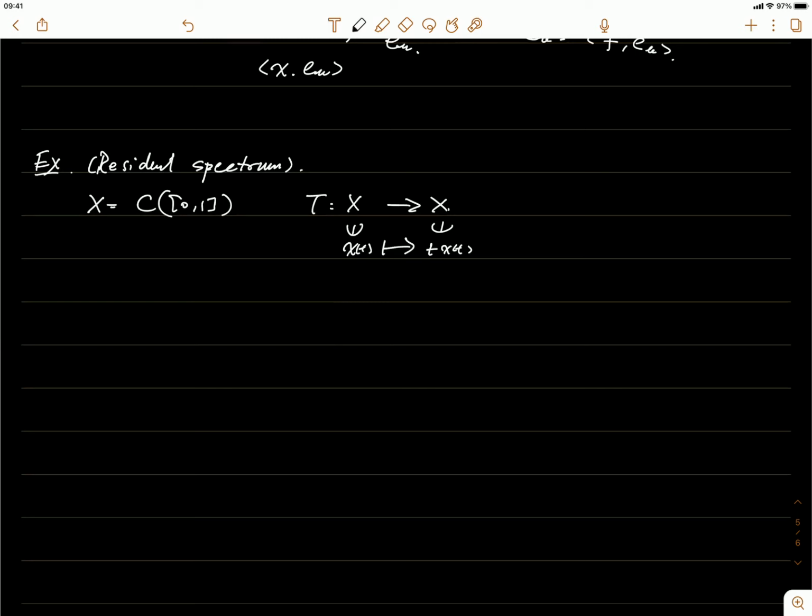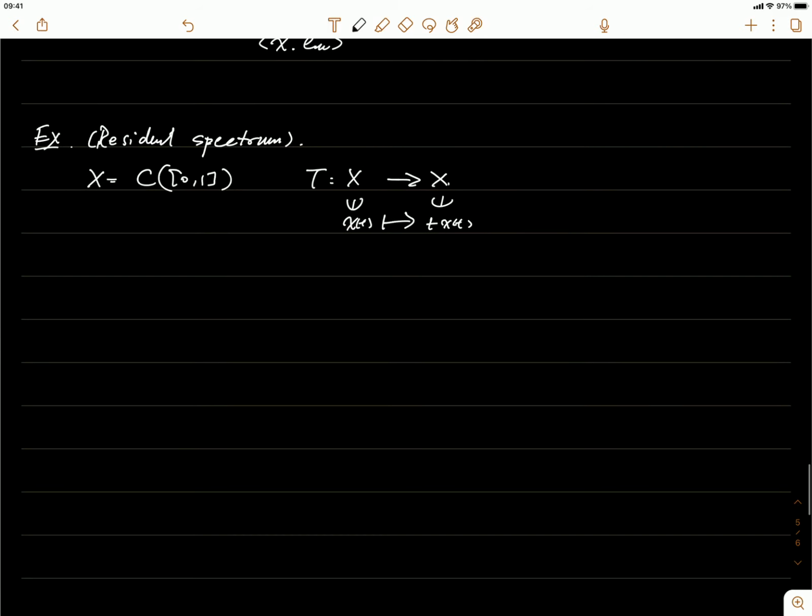Let's first look at a simple case. Say this is the whole plane, C, and this is the interval 0, 1. If lambda is not in here, it's anywhere else, then let's check.